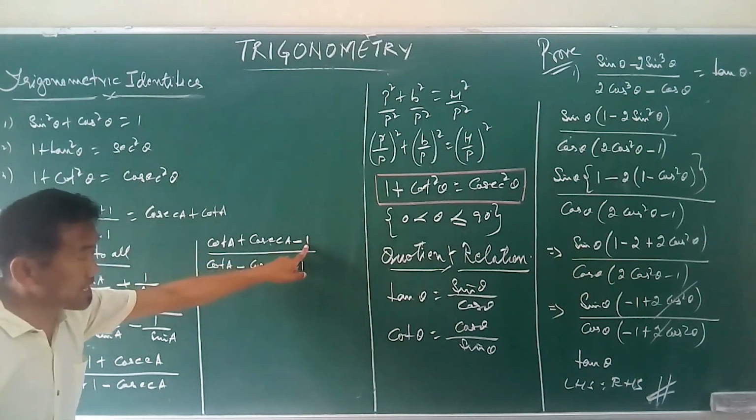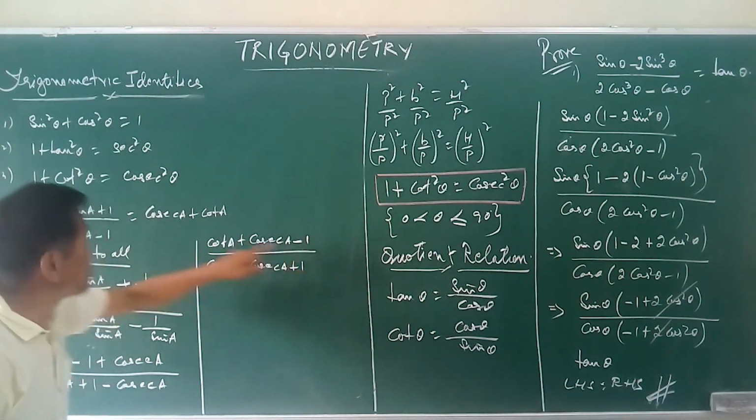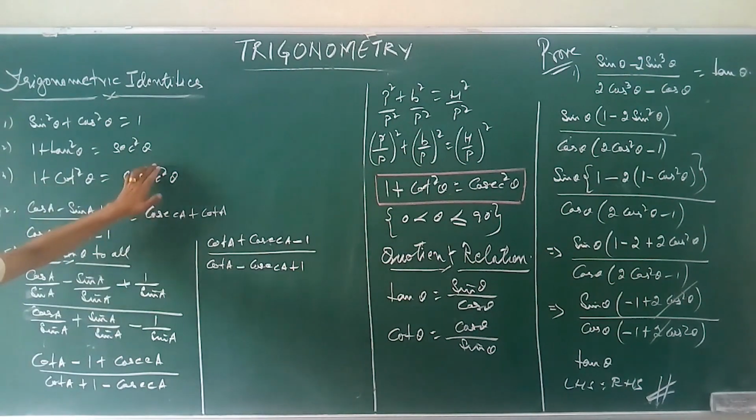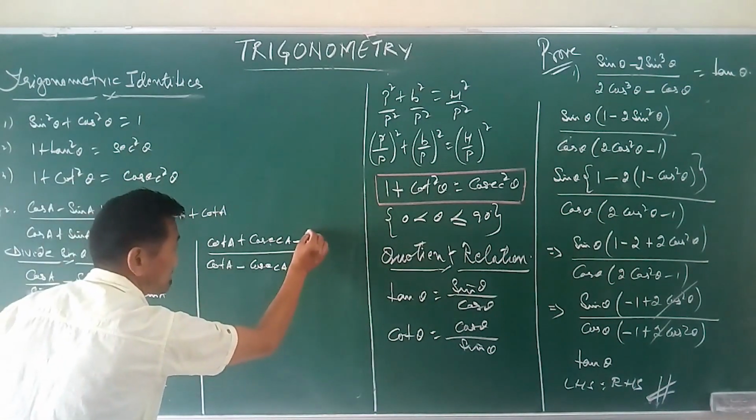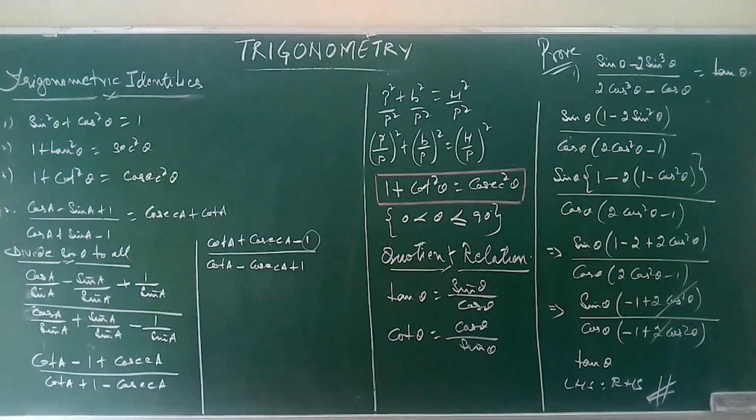So 1 is already here, and instead of 1, we are going to put cosec squared theta minus cot squared theta.